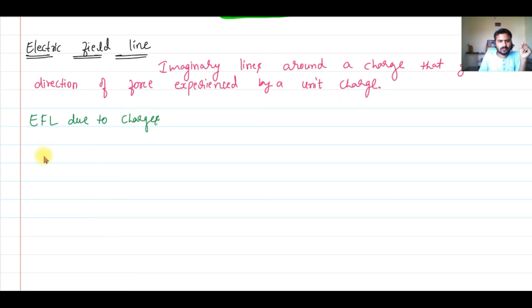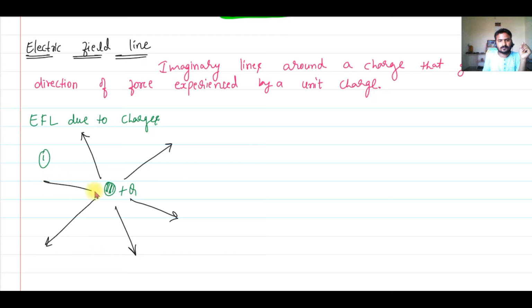First I'm going to take a single positive charge, plus Q. Now due to this single positive charge, electric field lines will be radially outwards, because no matter where you are around this charge, if you keep 1 unit positive charge, it will always get repelled. Right.